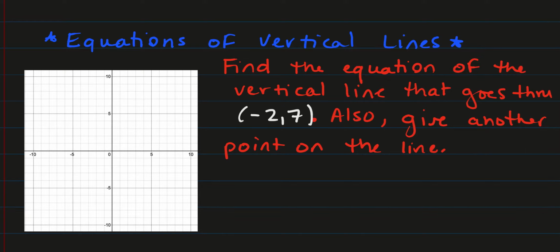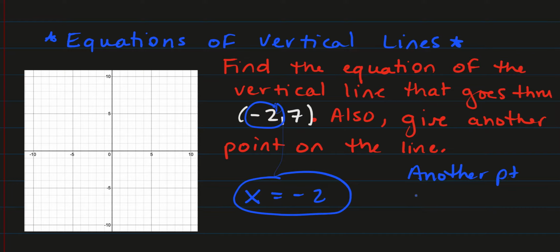Again, you don't have to draw this to figure it out. In fact, you can just say, oh, the equation of the line is x is equal to -2, because that's the x-coordinate here. And you can say another point on the line. Well, you just fix the -2 and put whatever you want here. So I'm going to just put a 1, and that's another point on the line.